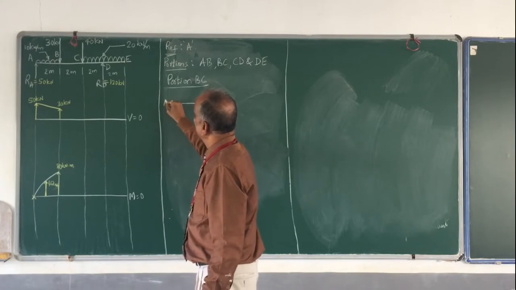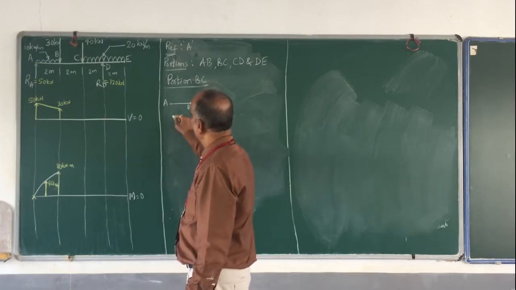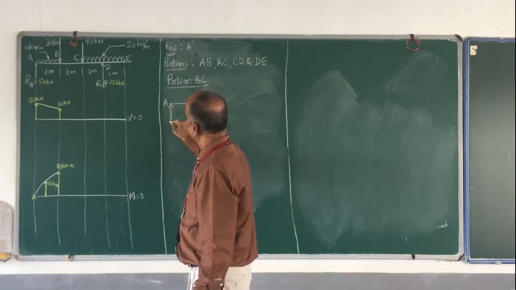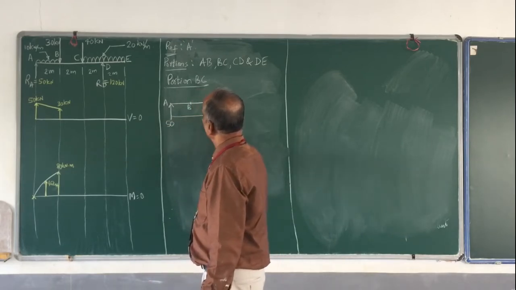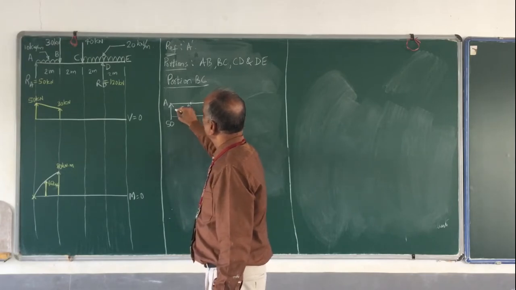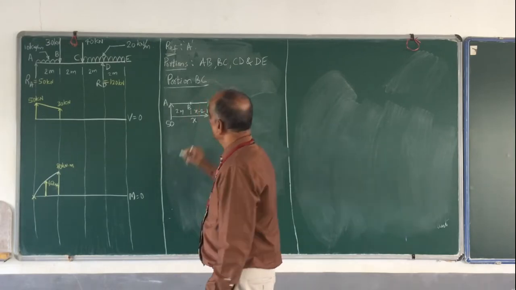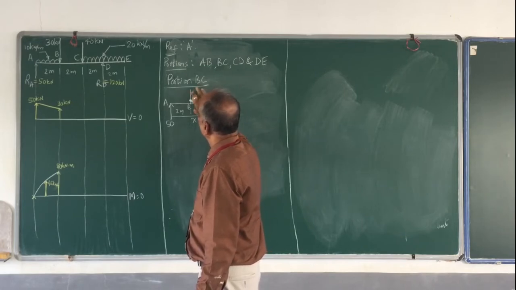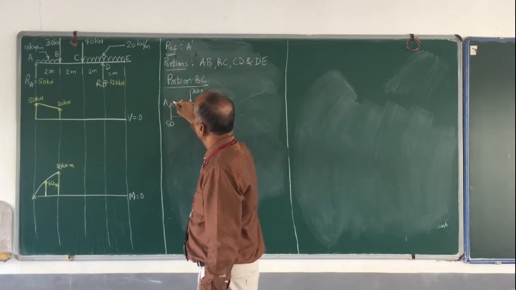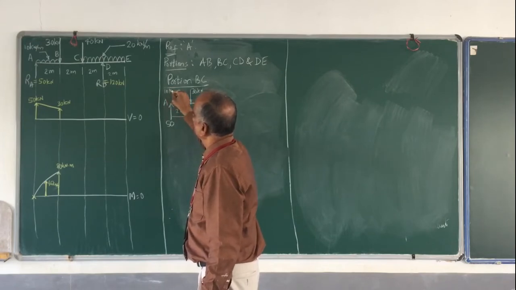So I have A, then I have B. C is not there, and this distance is 50, and this distance is X, and this distance is 2 meters, and this distance is X minus 2 meters, and this is 30 kilonewton, and I have UDL, this is 10 kilonewton per meter.